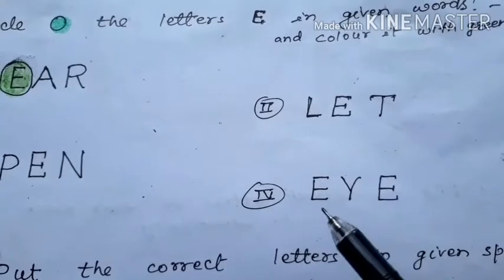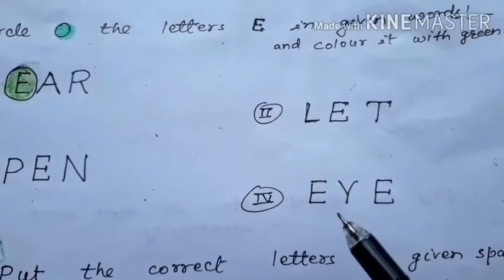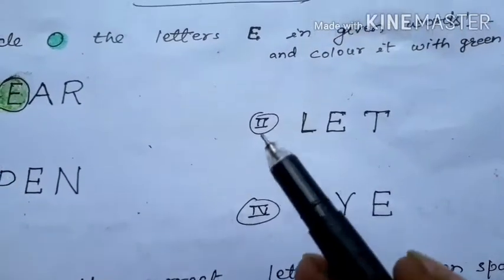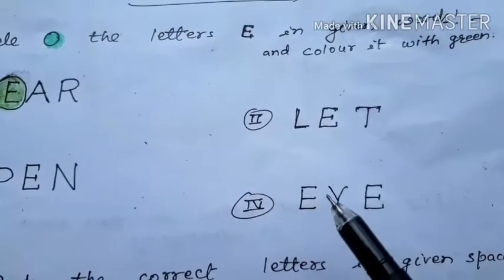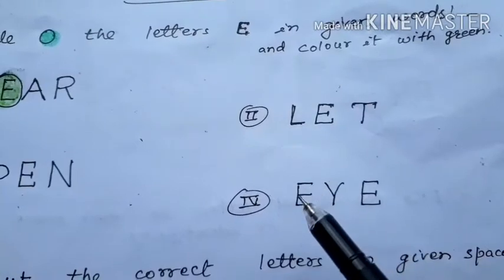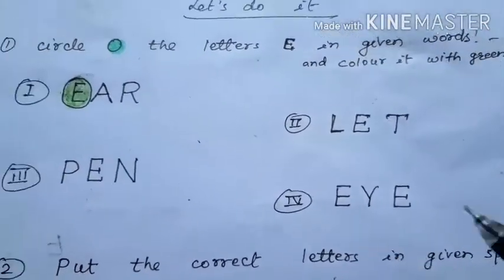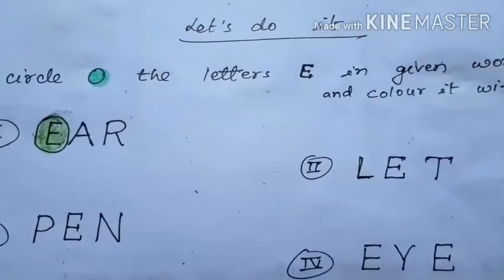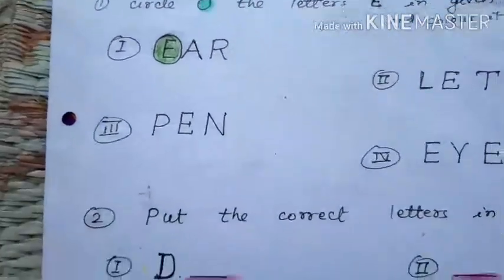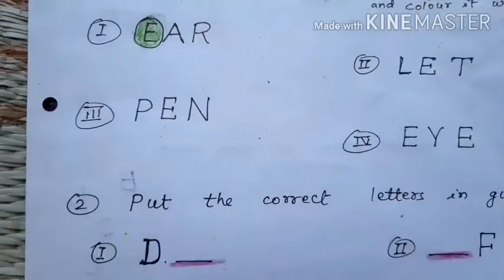In this word, two letters E are given, first E and last E. So they have to match the letter E and they fill color by selecting E letter. In this way, they properly accomplish this activity and they understand easily.